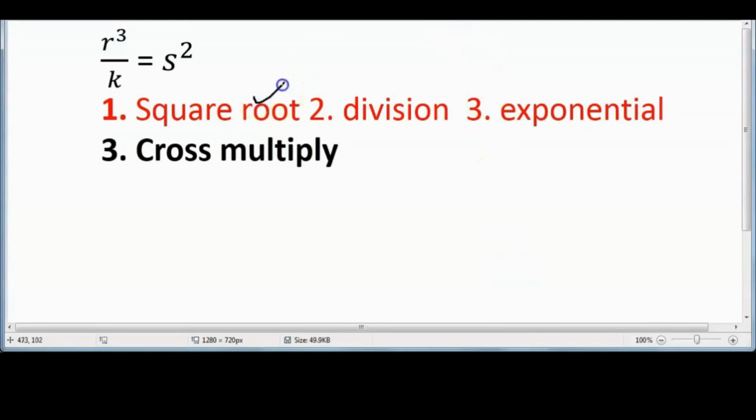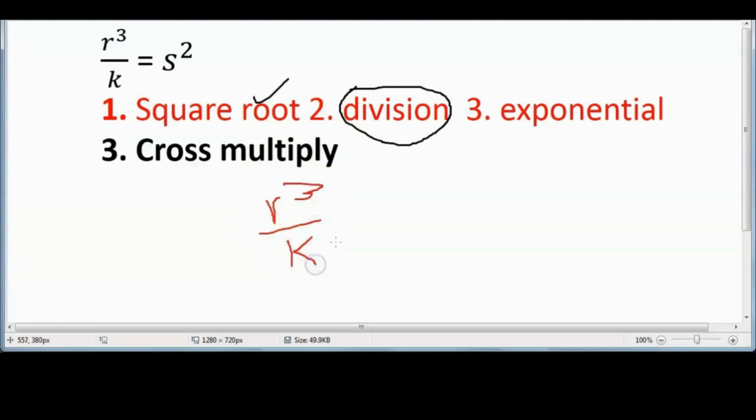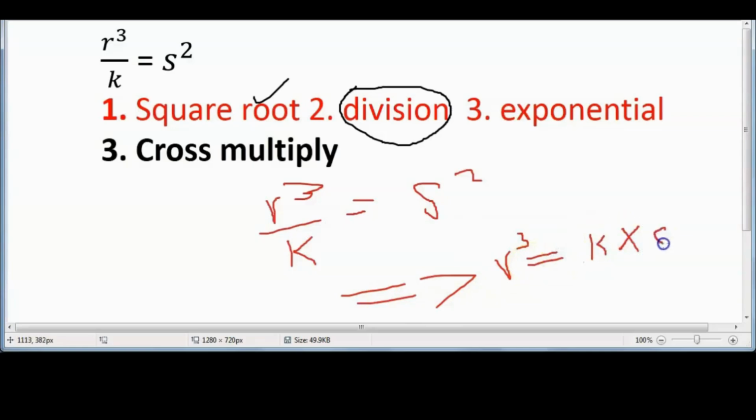The opposite of division is multiplication. This then translates to r cube is the same thing as k multiplied by s square. The divisor k has been removed.